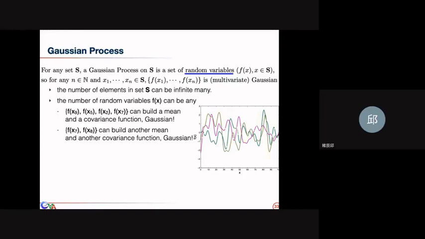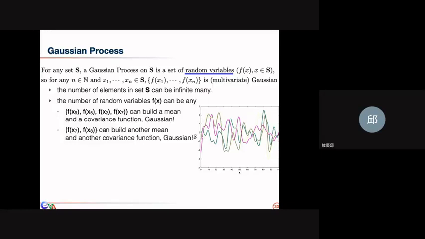For any set S, a Gaussian process on this set S is a set of random variables, defined based on X, f of X. A Gaussian process on this set is a group of random variables such that any subset of those random variables is distributed according to a Gaussian.